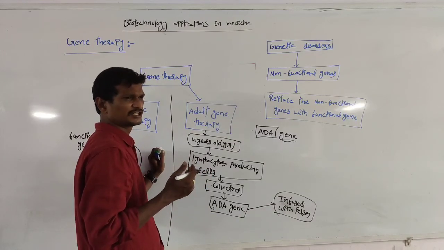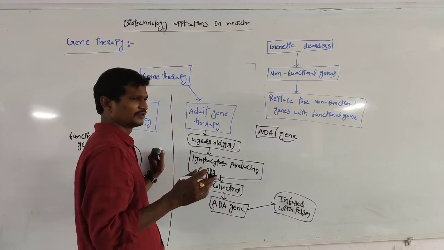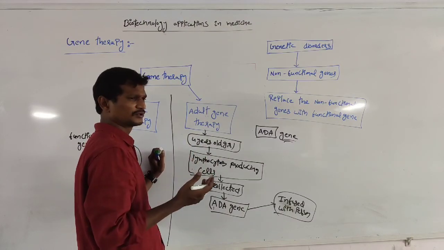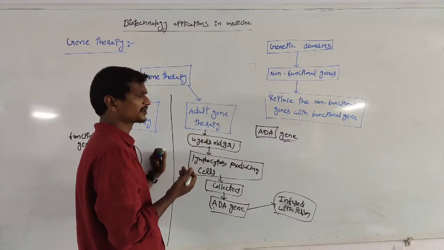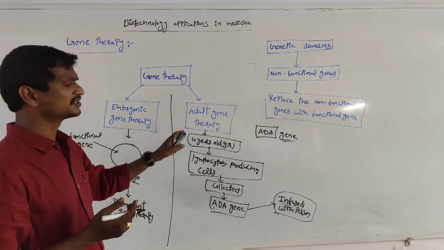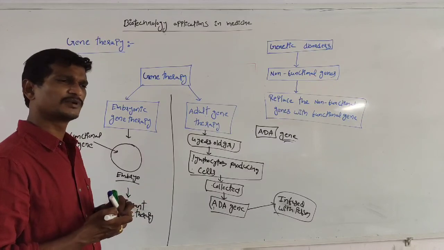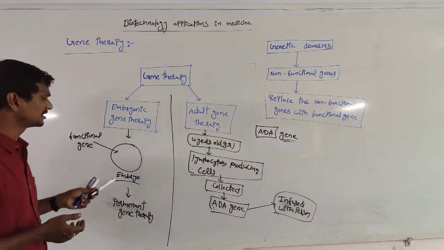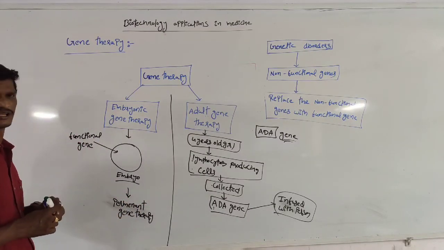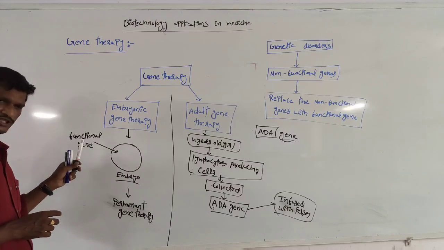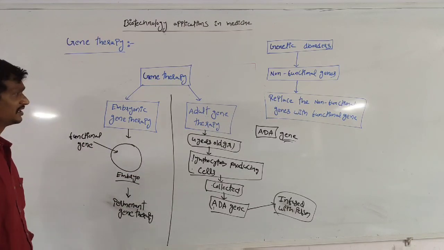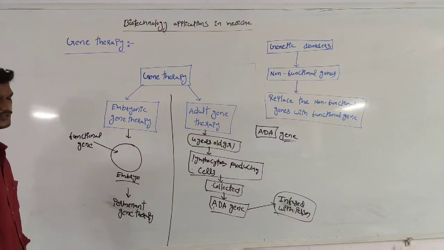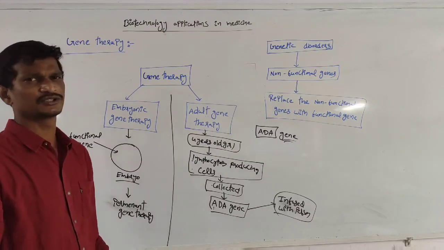Lymphocytes have a lifespan; once it is completed, the cells die and new cells are produced, which do not have that gene, and the disease symptoms appear again. That is why adult gene therapy is not permanent, while embryonic gene therapy is the permanent treatment. That is about the different types of gene therapies. Next we will discuss the molecular diagnosis process.